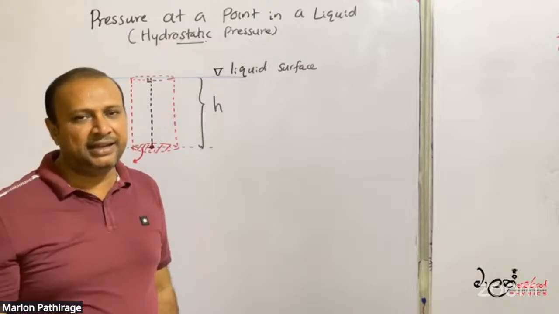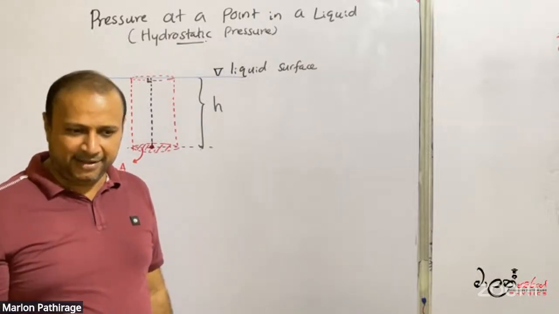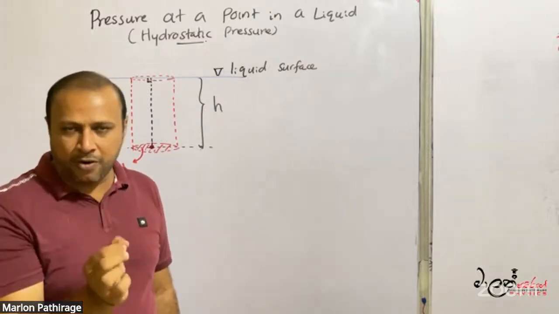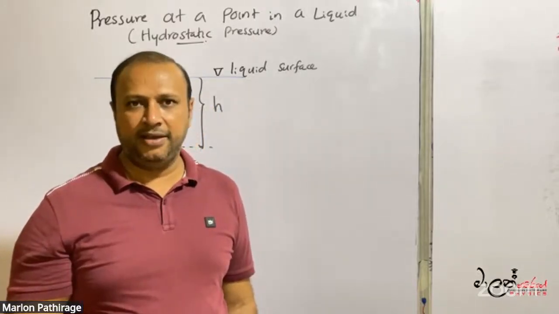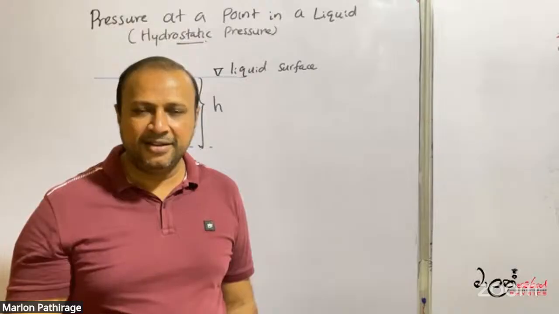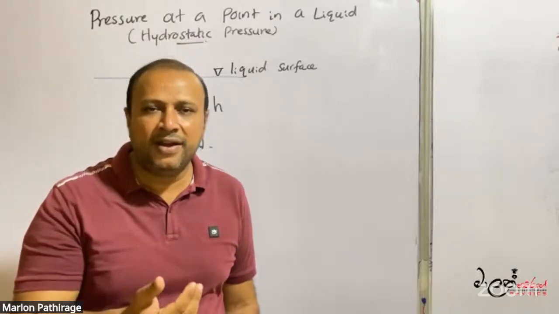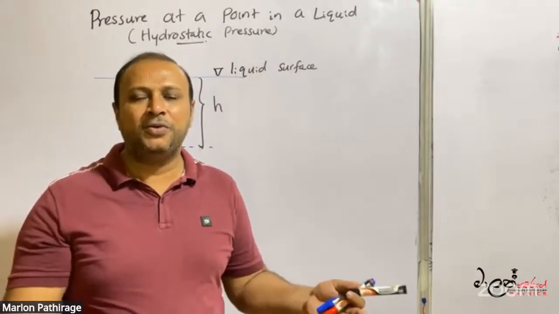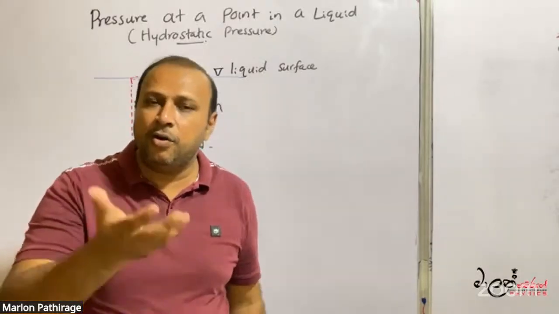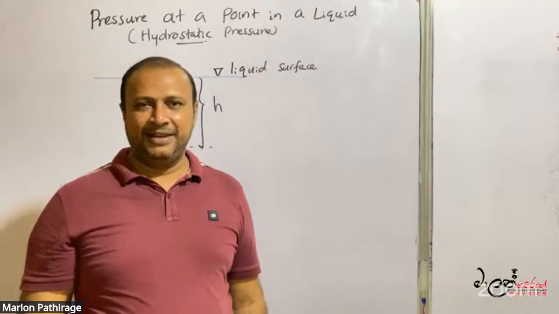Actually, if we consider a point, it is very hard to take the pressure. Why? What is the reason? We cannot define an area. We don't know how to define an area of a point. It is very, very small.